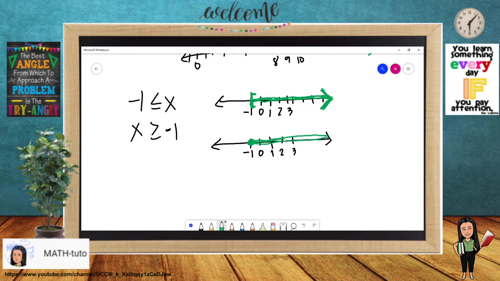And then, going to the right. Yan. Mas madali nga lang ma-distinguish yung bracket or parentheses. Okay? Pero, you can write either, make sure lang that you write legibly to really differentiate between parentheses or bracket or open circle or closed circle.